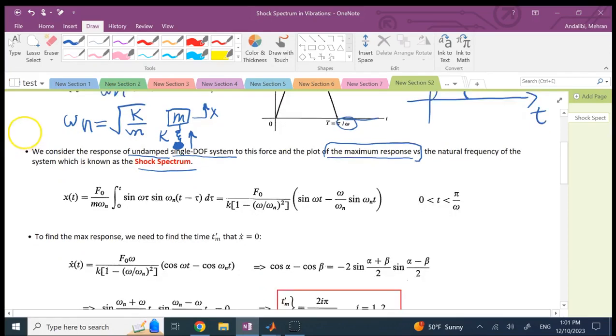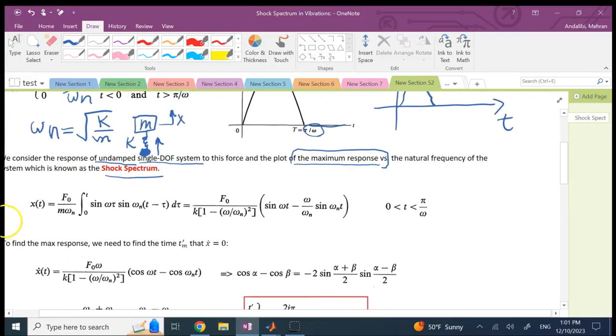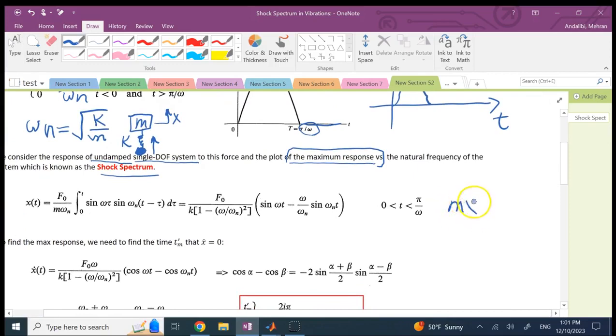So how do we do that? Well, here, the equation of motion is basically m x double dot equals negative kx plus the force, right? If we want to write it in ma equals sum of F, right?